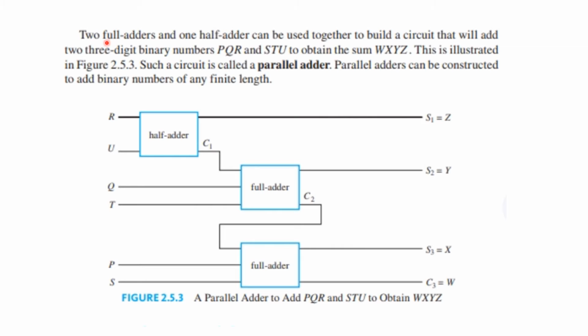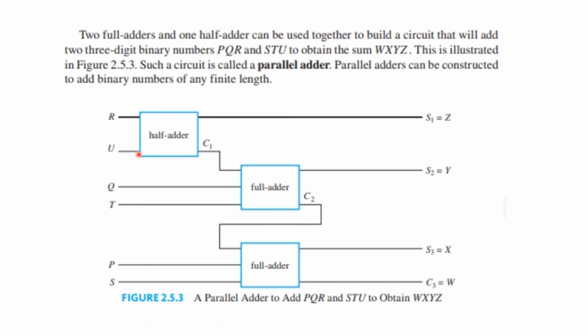Now if we take 2 full adders like we had and 1 half adder up here, we can build a circuit that will add 2 3-digit binary numbers PQR and STU to obtain a 4-digit sum. And here's the picture of that.